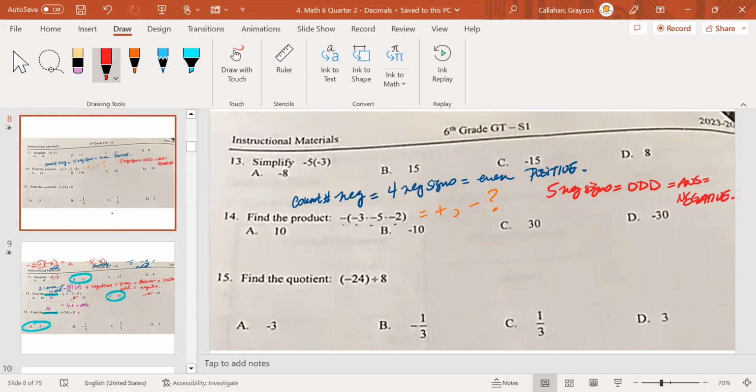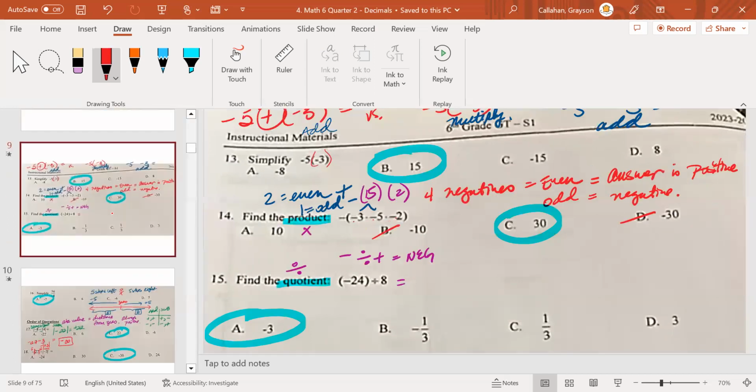You know it's positive. Is it positive 10 or positive 30? Positive 30. Yeah, because you know that 5 times 2 is 10, right? But then you also have a 3 right here, so it's not going to be 10. It has to be 30, right? All right, let's move on to the next part.